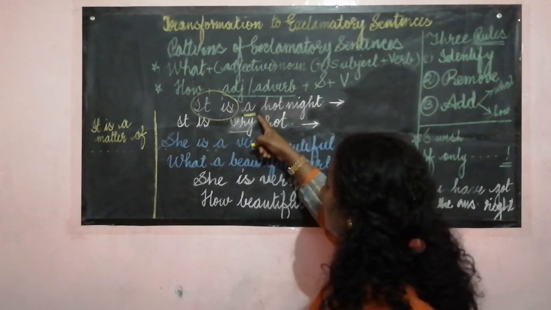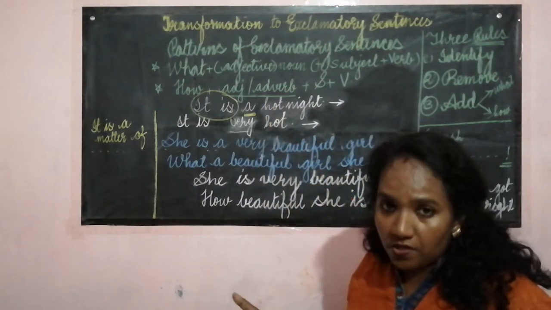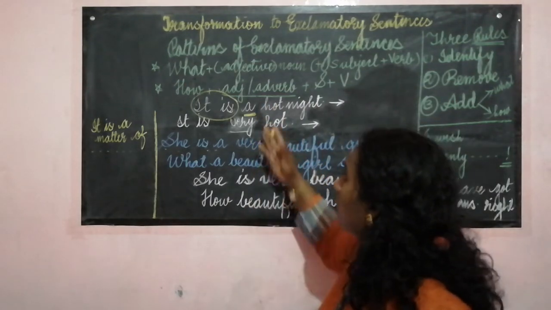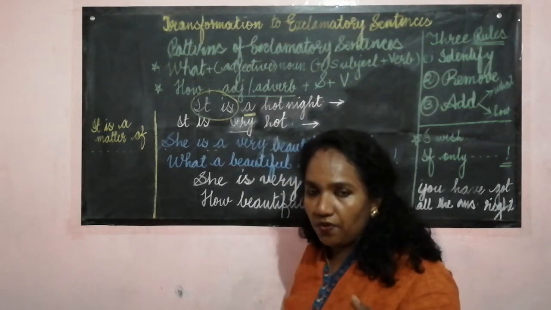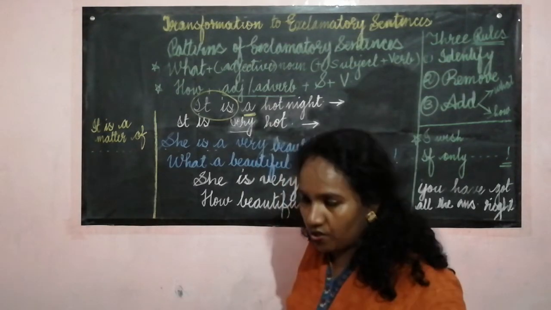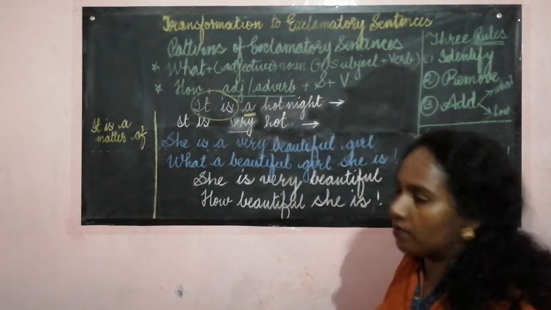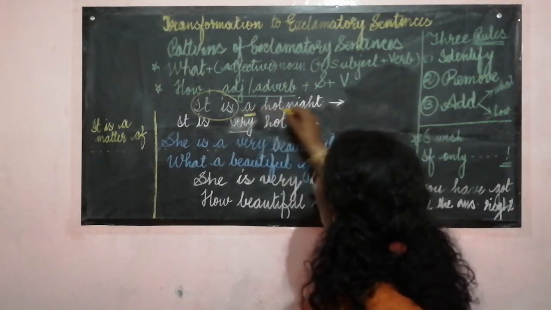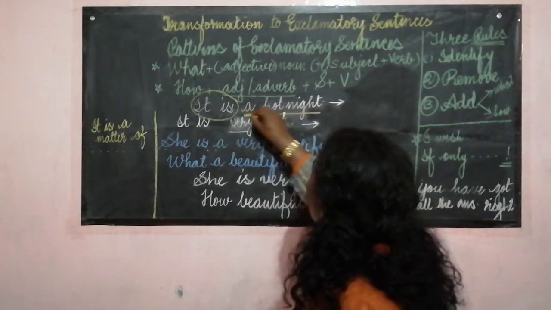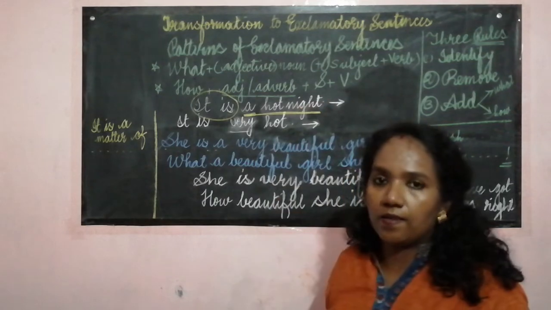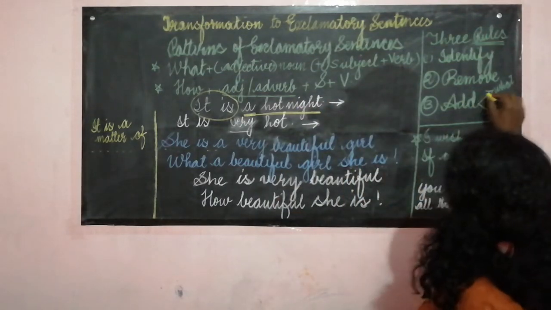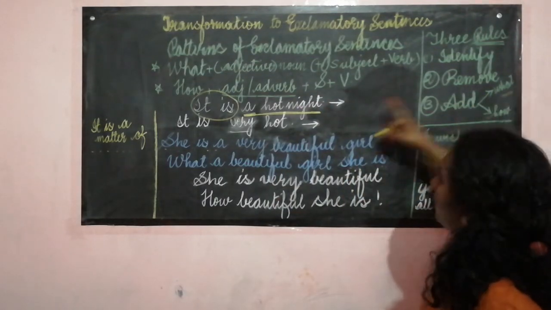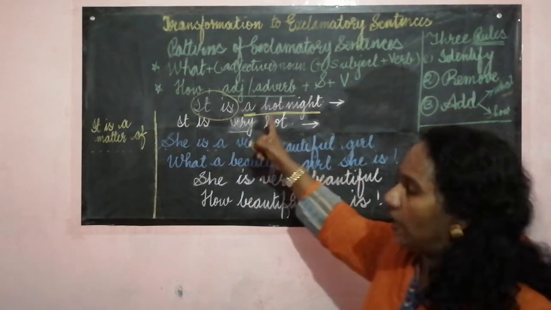So how to convert it? There is nothing to remove in this because there is no other word used for intensifying, otherwise giving more stress to the adjective or a noun. There is nothing used. Therefore, a hot night is taken as a whole. As a whole, it is considered as a noun. So, we have to use what for a noun and how for an adjective.